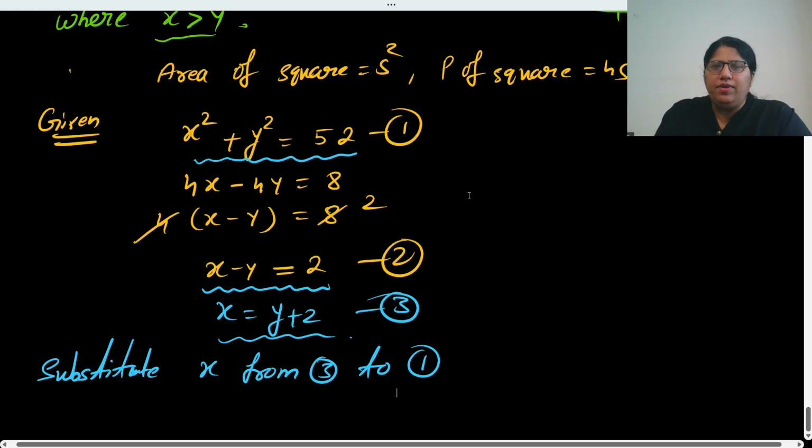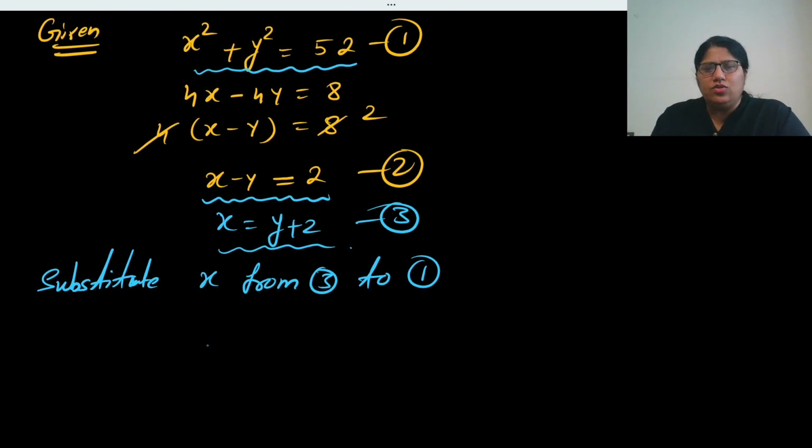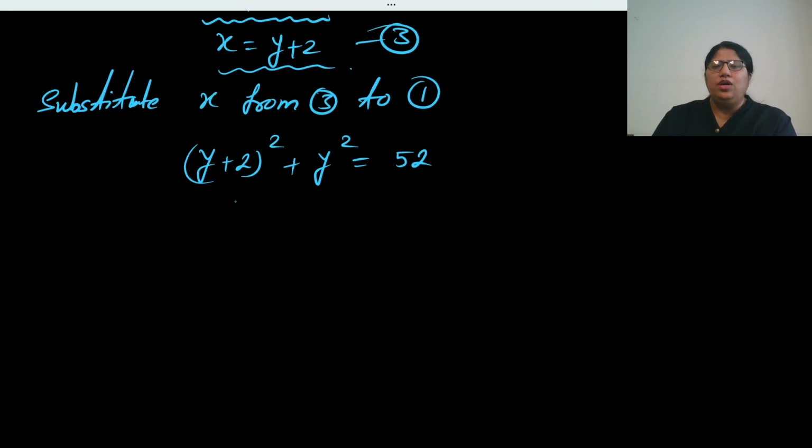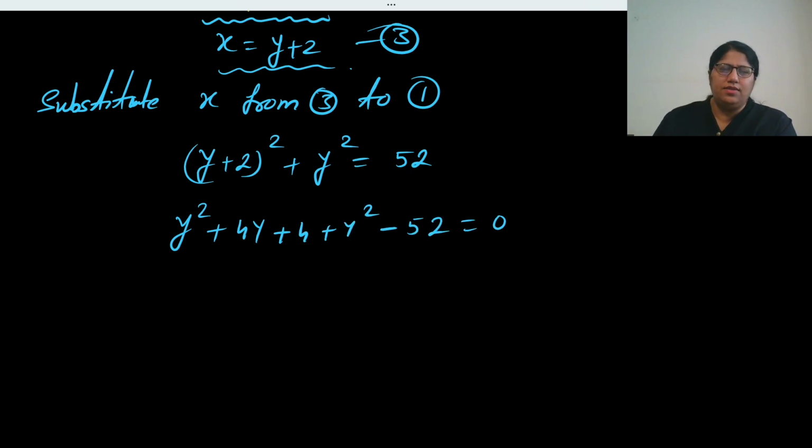Now x square will be, we need to substitute x, so it will be y plus 2 whole square plus y square is equal to 52. Now we have an equation with one variable and we can solve it. So use your identity, a plus b whole square will be a square plus b square plus 2ab, so it's y square plus 4y plus 4 plus y square, and I'll take 52 also to the LHS to get the simplest form.